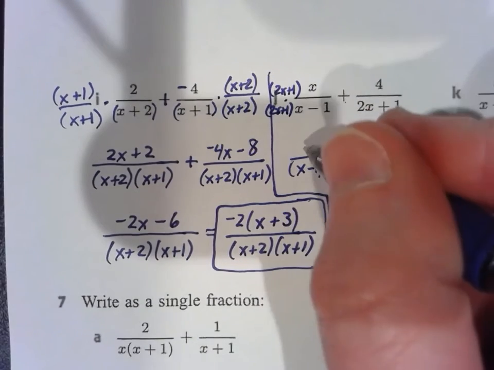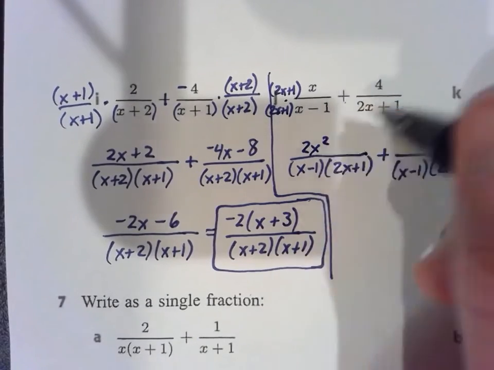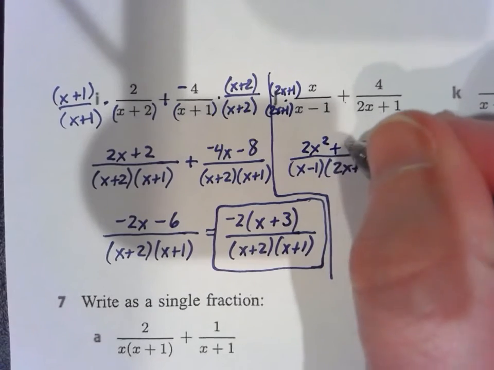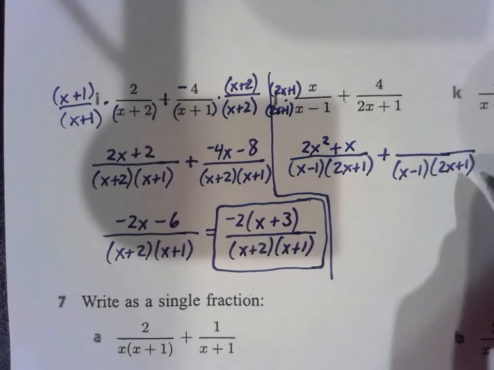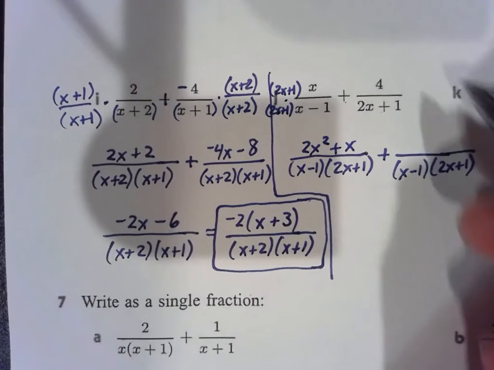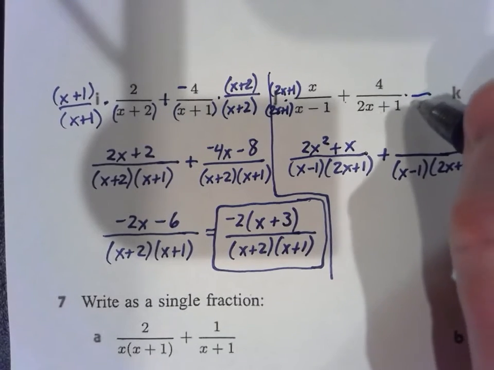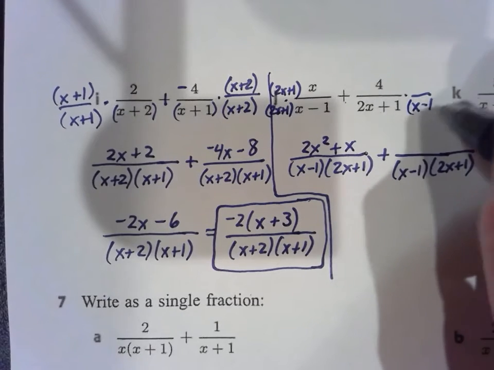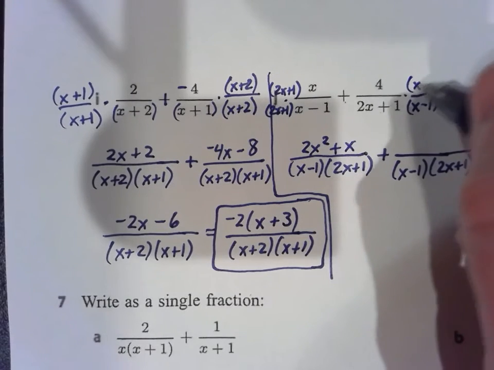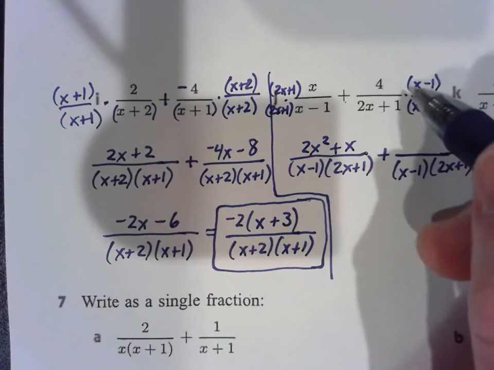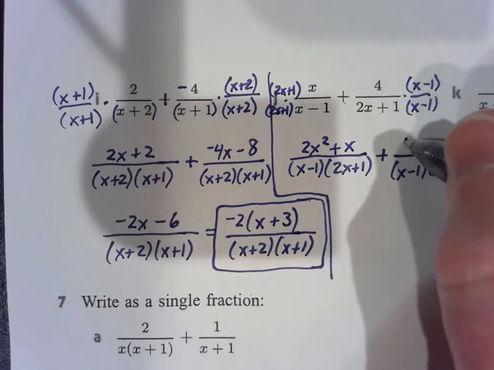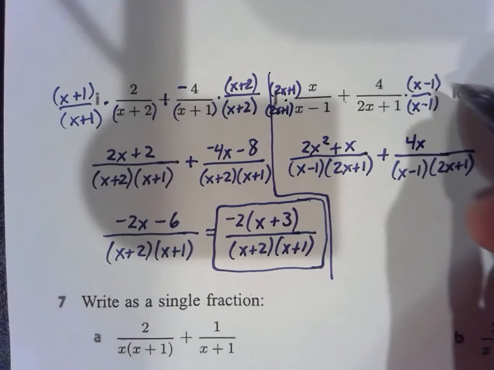X times 2x is 2x squared. X times 1, 1x. The second fraction has 2x plus 1. It needs an x minus 1. So I multiply top and bottom by x minus 1. The top I have to distribute 4 times x, 4 times minus 1.